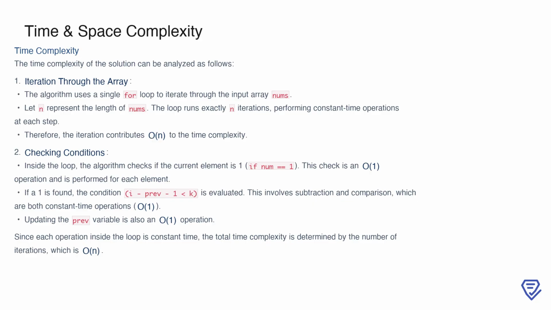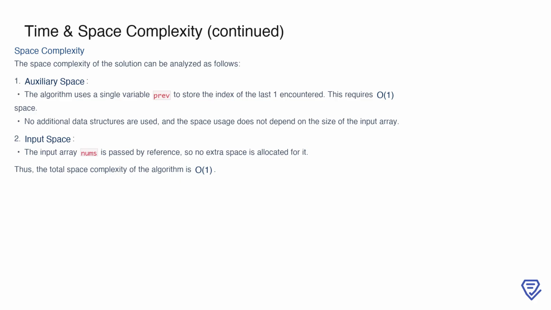For example, the condition i - previous - 1 < k involves simple subtraction and comparison, both of which are O(1) operations. Similarly, updating the previous variable is also performed in constant time. Since there are no nested loops and each element is processed in O(1) time, the total time complexity for the entire traversal is O(n).